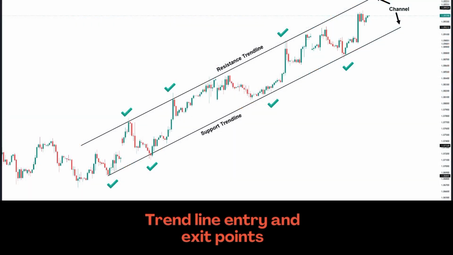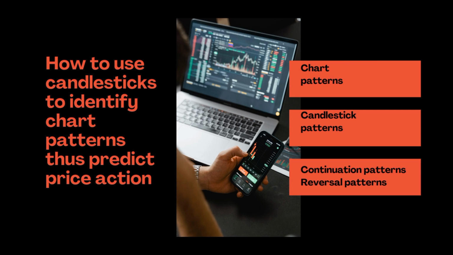Whilst it's true that one can use a trend line candlestick touch point as an entry point, one can also use it as an exit point. In essence, when a candlestick touches a trend line, you enter or exit the market. Use this entry or exit point with other confluences as well, and not alone, so that you have at least 3 or 4 reasons why you should enter or exit the market.